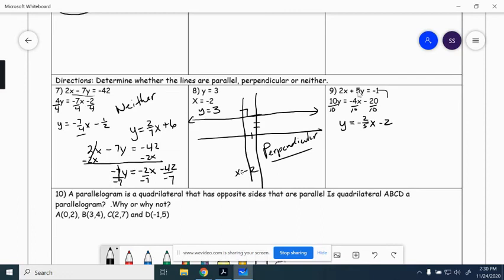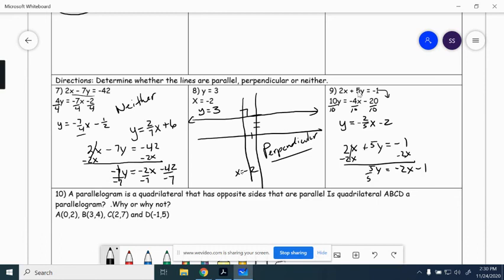And now I'm going to just bring down the second equation. We got 2x plus 5y is equal to -1. So what I need to do is the same thing we did for number 7, subtract 2x, subtract 2x. And I'm left with 5y is equal to -2x minus 1.